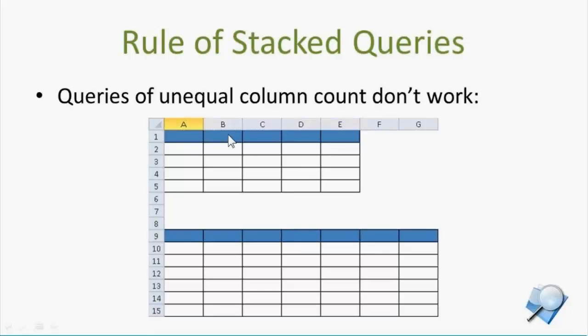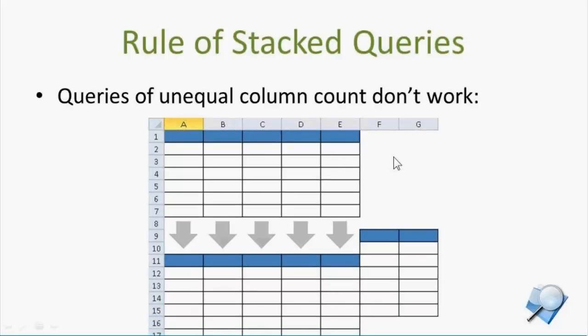If I have an unequal number of columns, all that's going to happen is the top query is only going to push down the things that are below columns A through E, which is not what I want, because it creates a mess over here that I then have to figure out how to clean up afterwards. I want to avoid that.